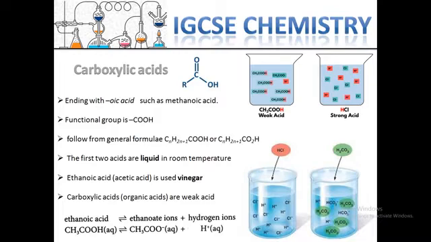A very famous carboxylic acid is ethanoic acid, the second one, which is also liquid and is well known as acetic acid, used in vinegar.